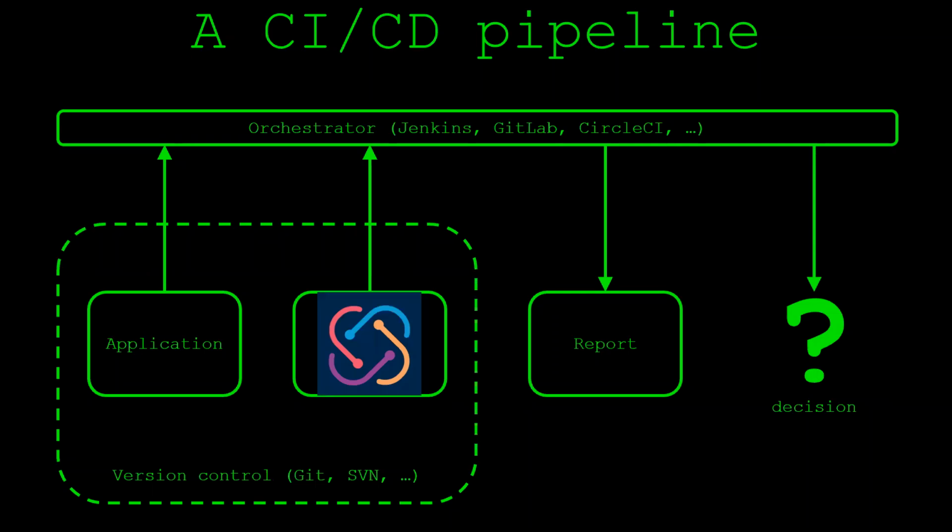Some of these tests might be our TestProject based Selenium and Appium tests, and that's what I'm going to demonstrate today: how to create a pipeline that pulls your tests from version control, runs them against an application, does some reporting, and automates this entire process.